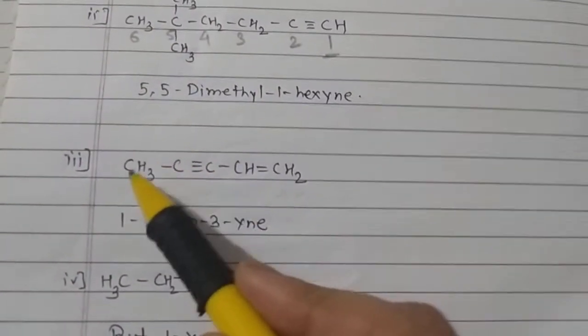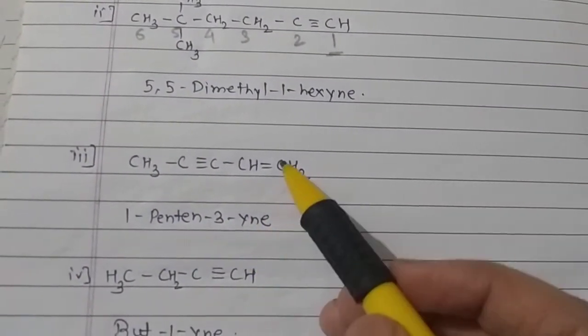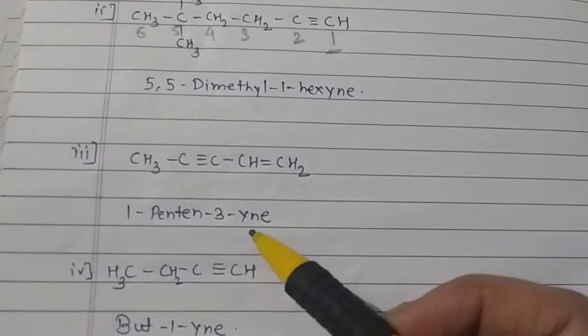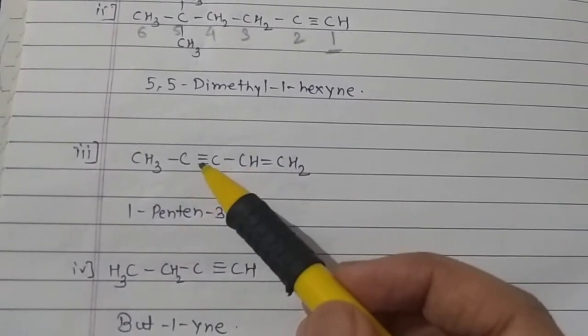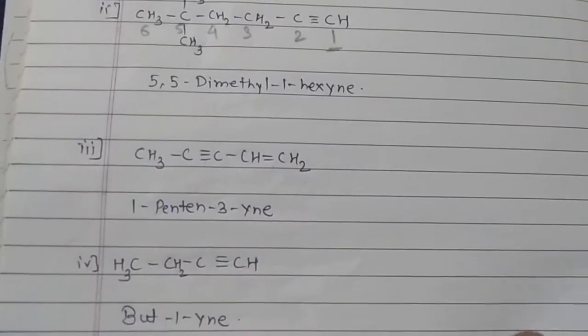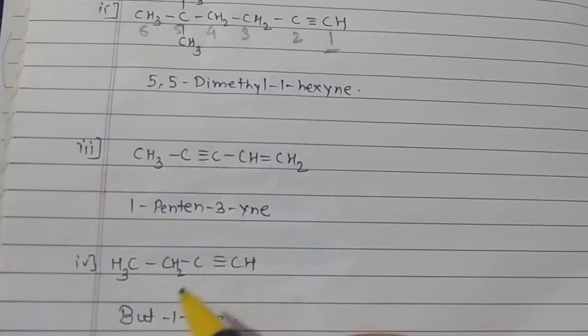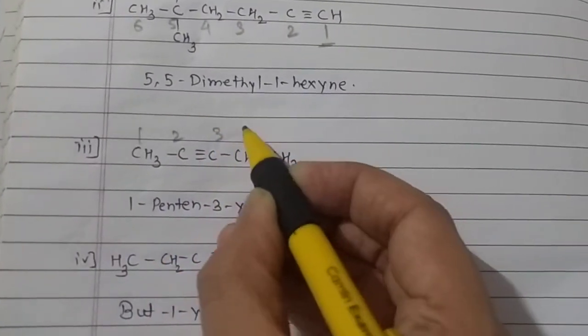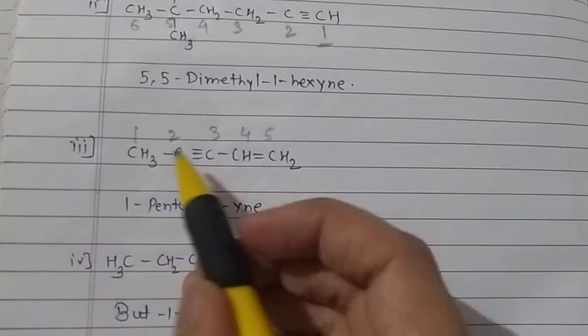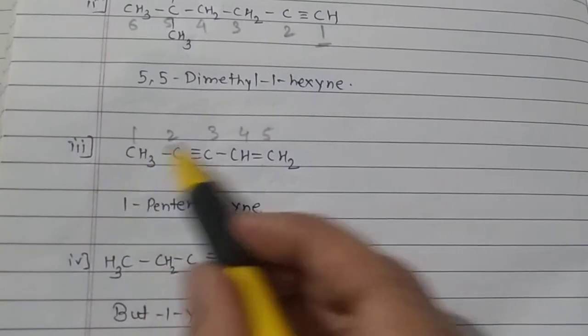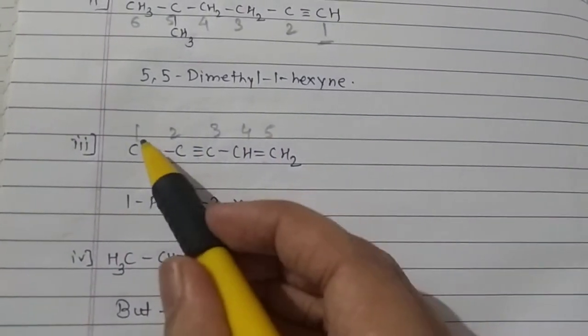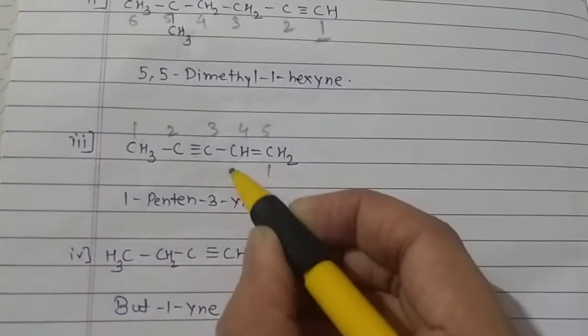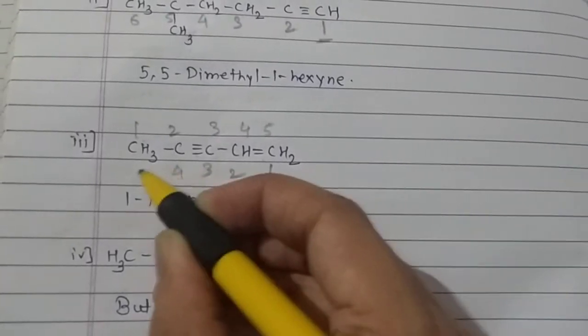Then next, now in this example there is also a double bond. So there are 2 functional groups, one is alkyne and another one is alkene. So 2 possibilities are there. There are 2 options, 1 2 3 4 5.